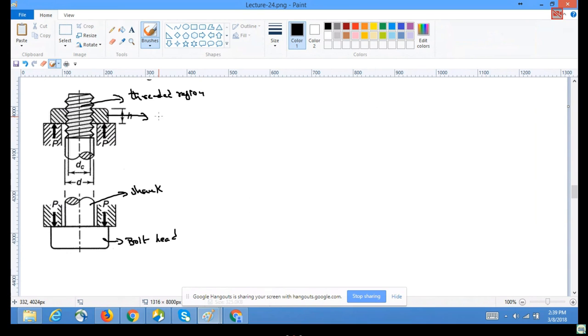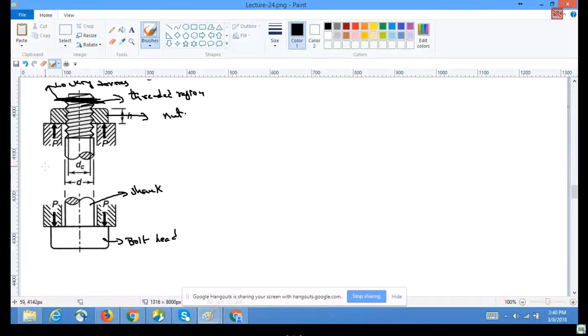And this is the nut, a kind of locking device at this place.